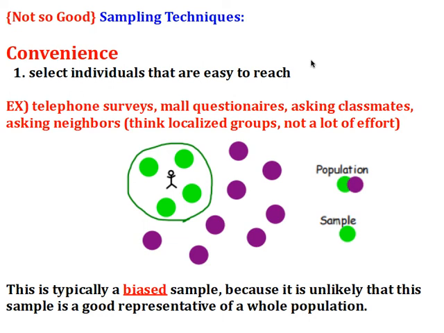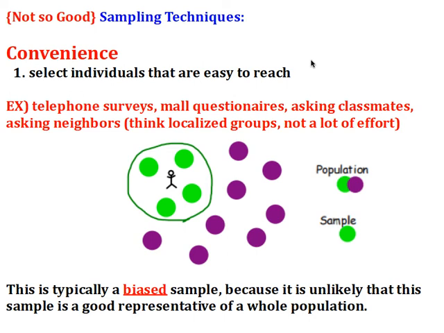All of these, asking classmates, walking down the street, asking your neighbors different things, don't require a whole lot of effort. It'd be like if I just poked my head out of my classroom and said, hey, anyone who's standing here, what do you feel about free homework passes? All of that doesn't require a lot of effort, so it's not the best technique.